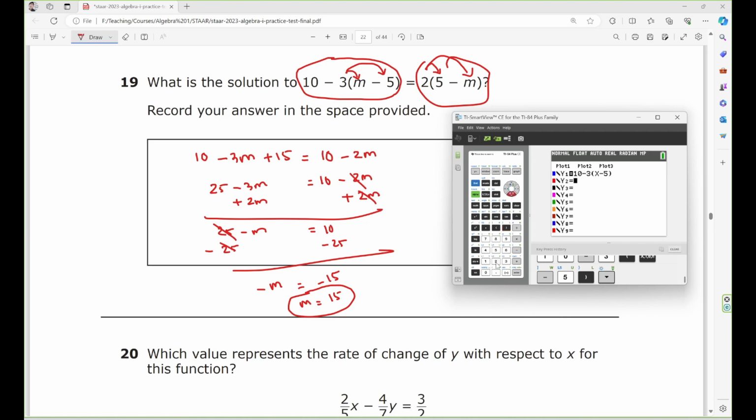Now y2. 2 parentheses 5 minus x. And then you just hit graph. Alright, you need to adjust the window. It's the min and max right here. Alright, now I hit second trace. Intersection number 5 right here. And I hit enter 3 times. X equal 15 right here.